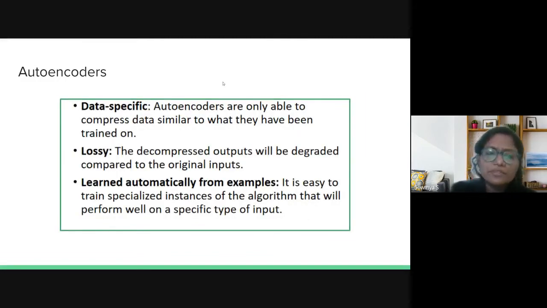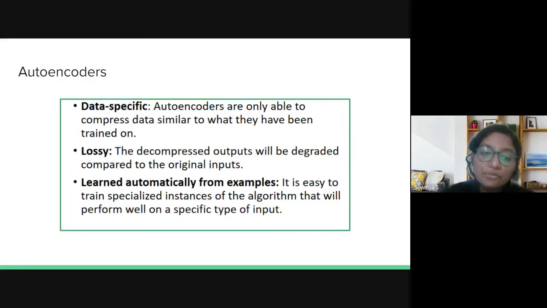Now, what are some of the issues we can have? It is extremely dependent on the data. The more data you have, the better it is. And because it is unsupervised or self-supervised, if your input data is extremely noisy, it is not going to generalize well for the further tasks.